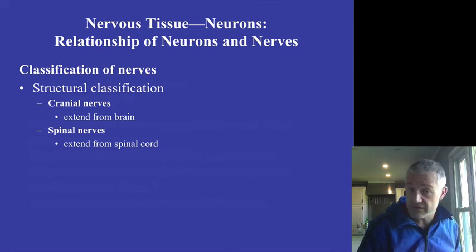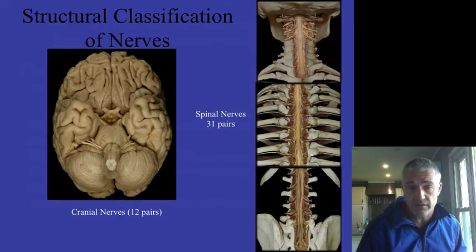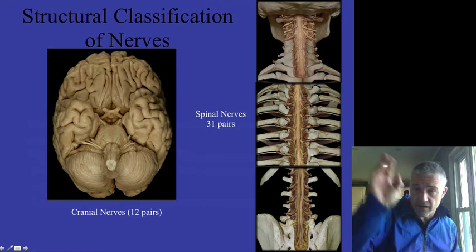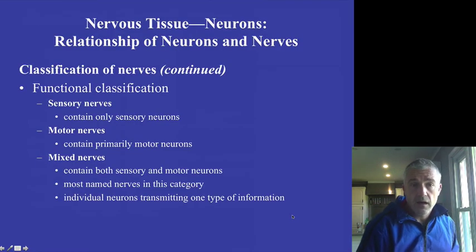And again, 31 pairs of spinal nerves come out from the spinal cord. You can see the cranial nerves as these little stumps leaving off the brain stem, as well as right here, and the optic nerves right there. You can see the spinal nerves branching off the spinal cord at these different areas up and down.